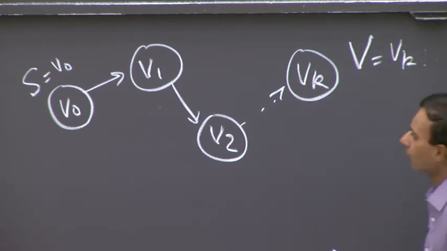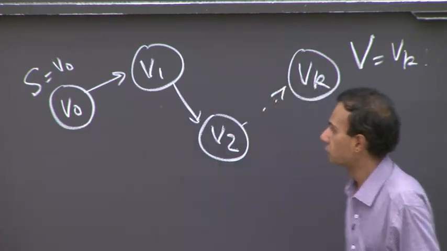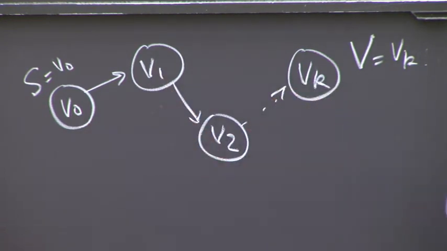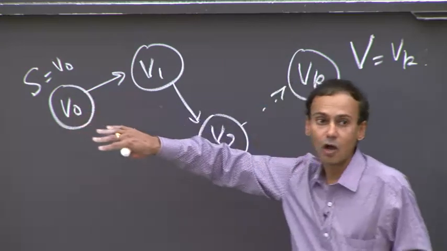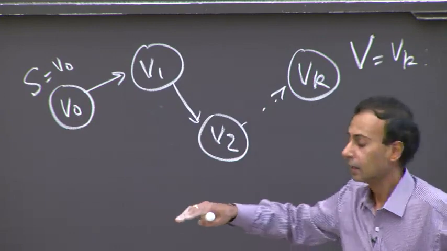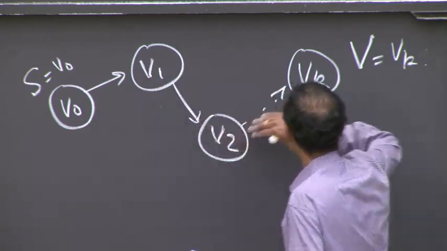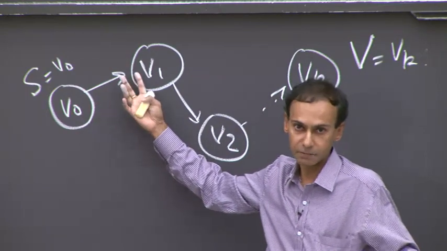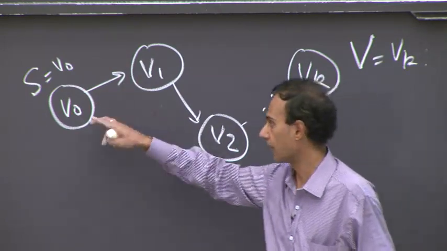Right, so at some point in the first pass, I'm going to relax this edge V0, V1. Okay? And at that point, thanks to the optimum substructure property, given that this is the shortest path, this has to be a shortest path as well. Right? Any subpath of a shortest path has to be a shortest path.